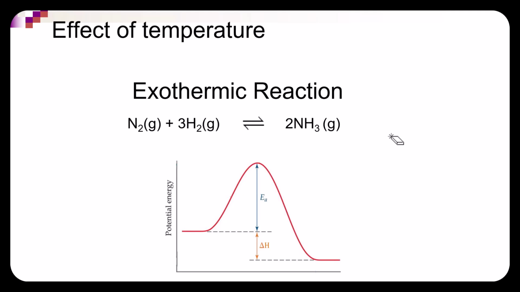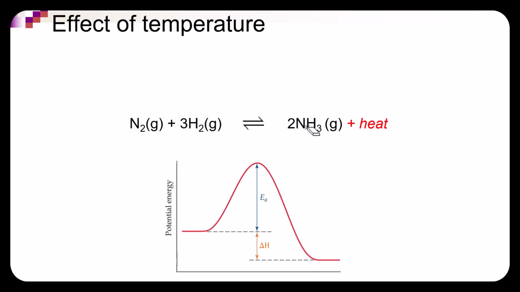So if we think about heat exiting the system, we can also think about heat as being a product. It's given off or produced during this chemical equation. So that connection right there, exothermic, heat is exiting the system, we can treat it kind of like a product.